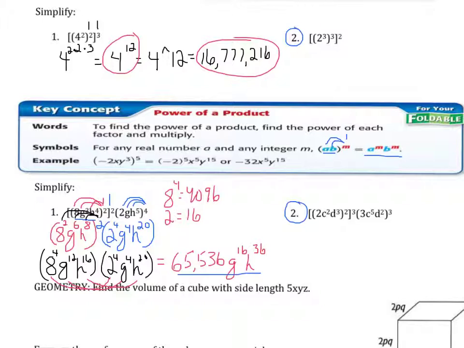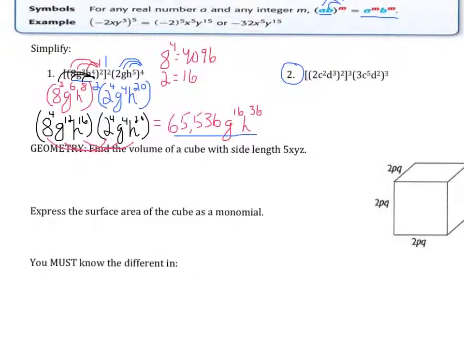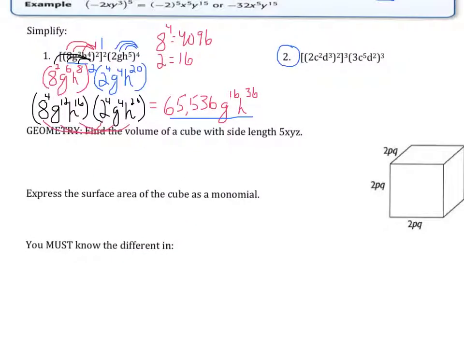Okay, let's see how all this power information is important and can be used today. If somebody were to ask us to find the volume of a cube with the side length 5xyz, well, we can use the rules that we just learned to find the answer for that.